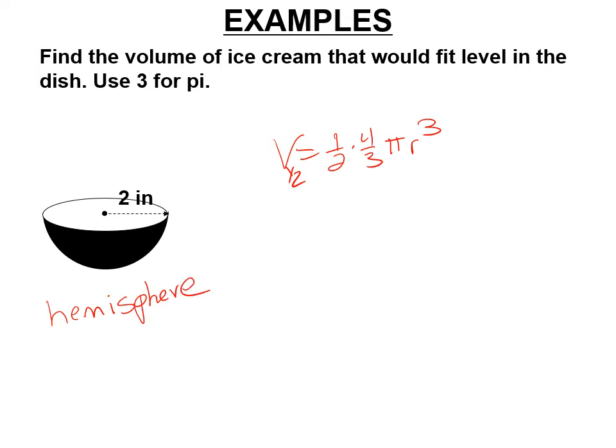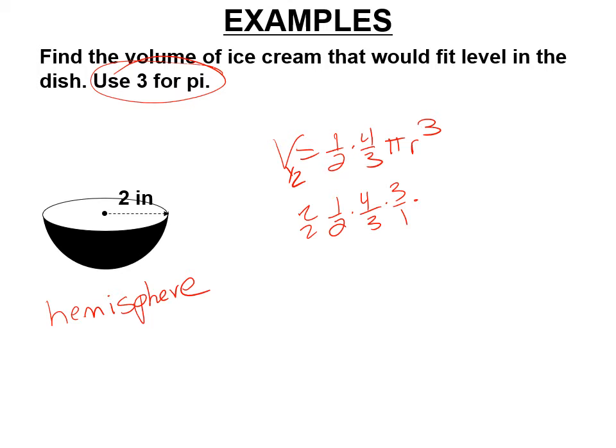We live in the northern hemisphere in the United States, and so a hemisphere, or half a sphere, is also the shape of a bowl, right? A traditional shape bowl is a hemisphere, half a sphere. So 1/2 4/3 pi r cubed. It says you get to use 3 for pi, so we're estimating this.